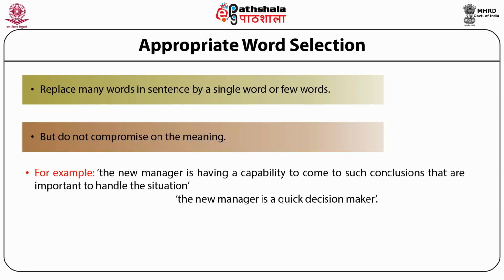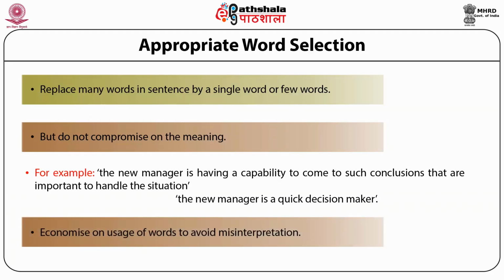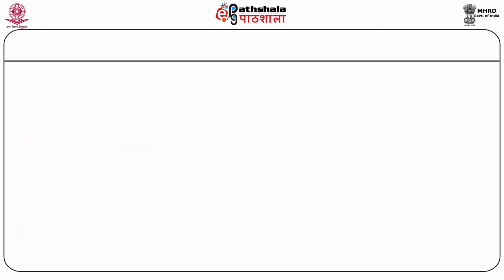It is always advisable to economize on usage of words to make your communication crisp. The more words you use in a sentence, the more are the chances of misinterpretation.